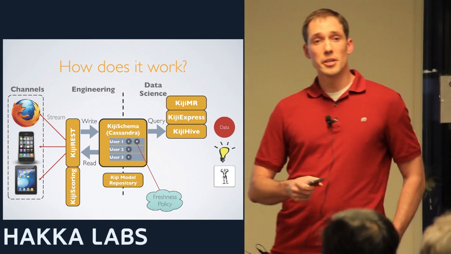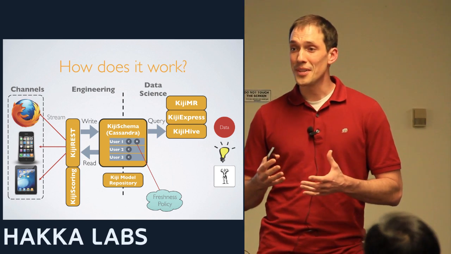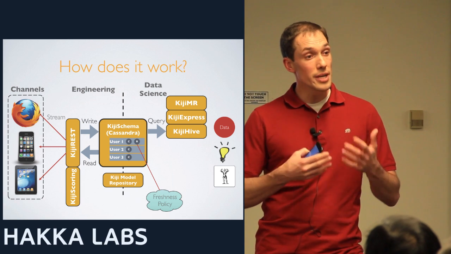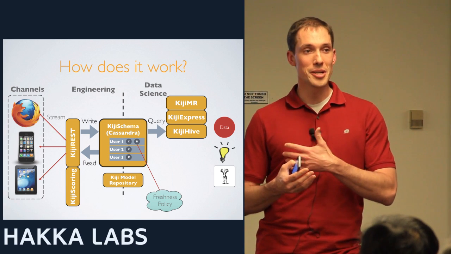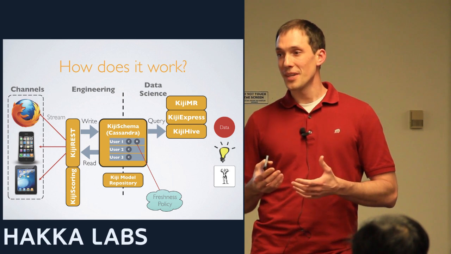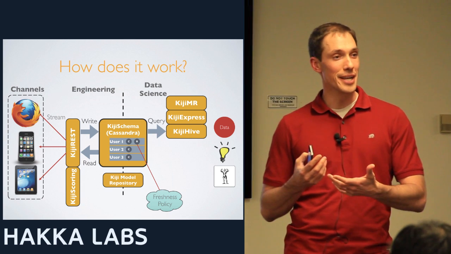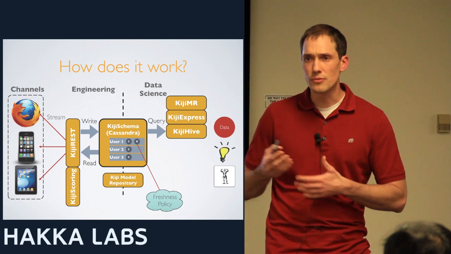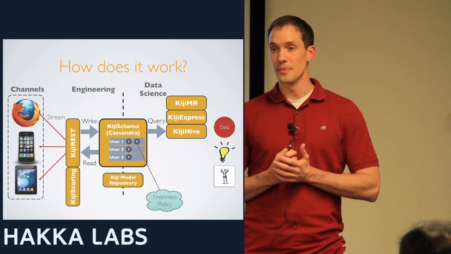Finally, we have a notion of a freshness policy. So when we're doing this kind of real-time scoring with a machine learning model, we might not want to execute it every time our application asks for some kind of product recommendation or anything else about a customer.